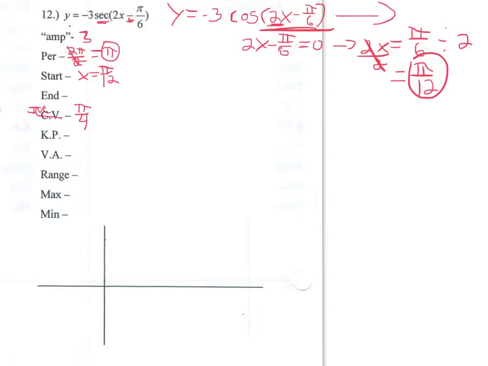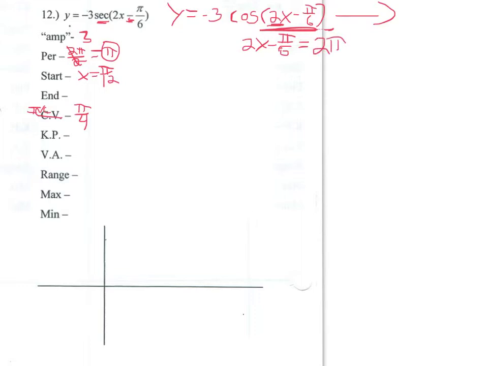Now, to get the ending, I'm just going to erase what I just did. So make sure you have this down. I'm going to take what's in parentheses, but now, for the end, I set it equal to 2 pi. So I'm going to do the same thing. I'm going to add pi over 6 to each side. That cancels. Add pi over 6 here. So I'm going to have 2x equals, and then when you add this, 2 pi is the same as 12 pi over 6. So if you add pi over 6 to that, this gives you 13 pi over 6.